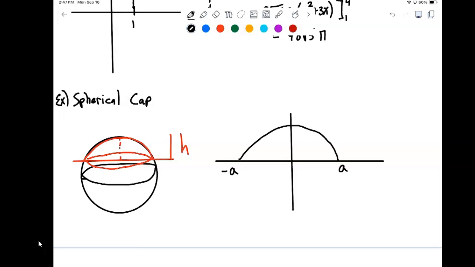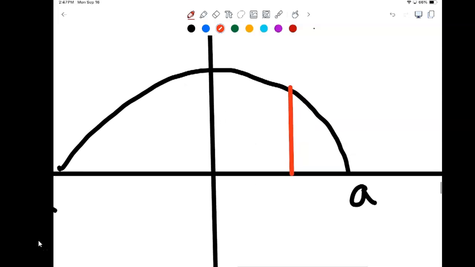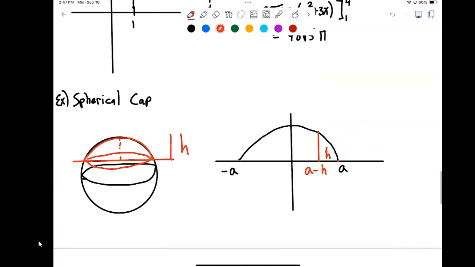And then we're slicing off a piece here at some distance h from the top here, a. So that's going to make this point be a minus h. And so it turns out this is the piece that we're actually revolving to generate our spherical cap.